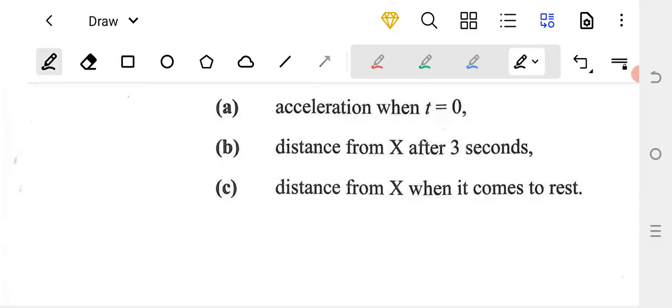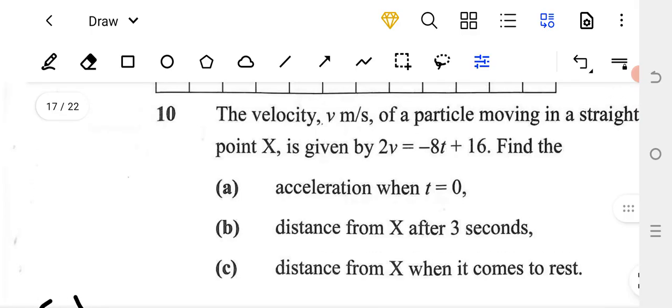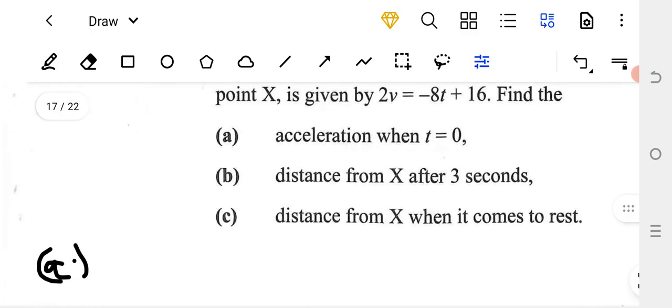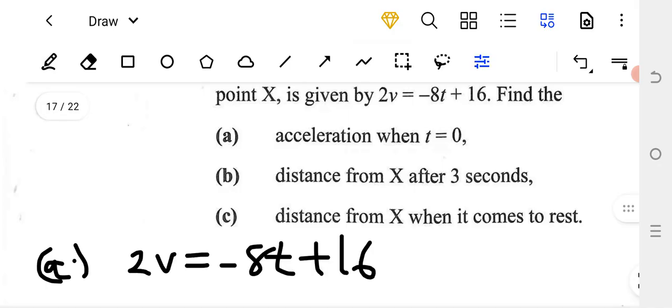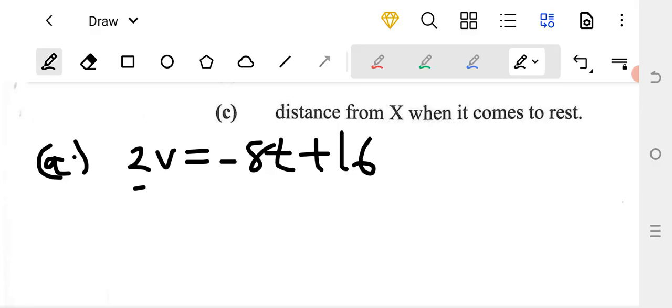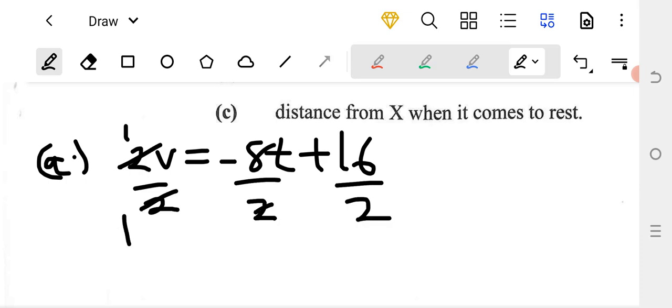So we are starting with A. We write the equation, which is 2v is equal to negative 8t plus 16. We divide throughout by 2. 2 can go into itself 1, into 2 it's a 1, 2 can go into itself 1, into 4 it's a 2, into 8 it's a 4, 2 can go into itself 1, into 16 it's 8.